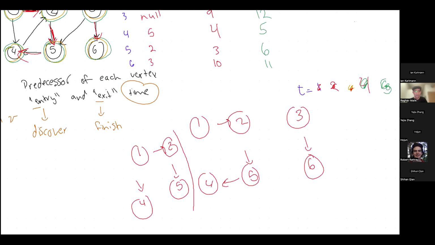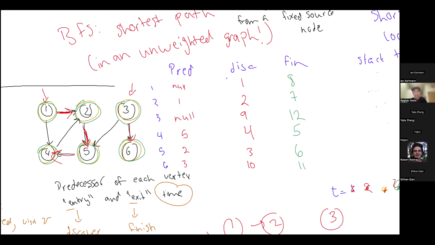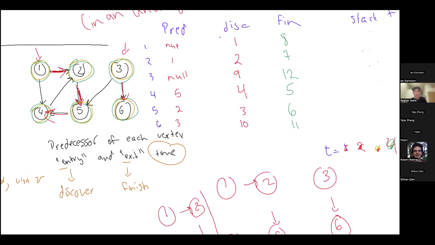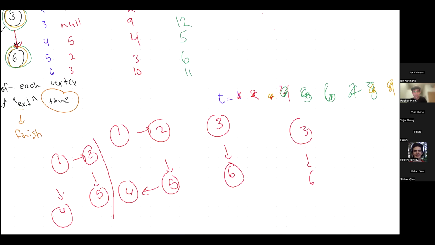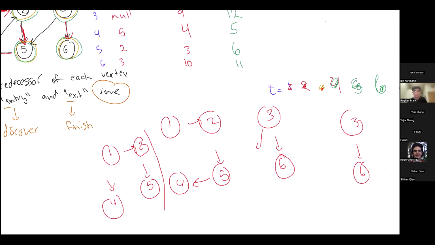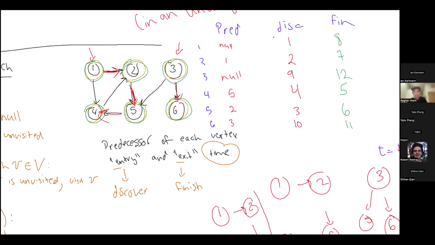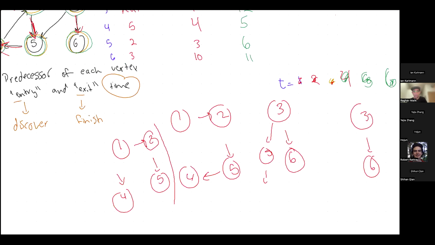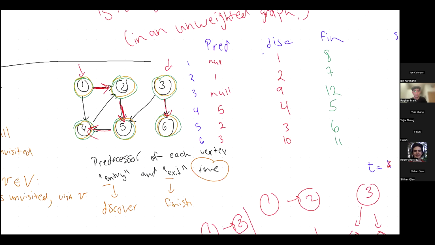I would never even get to vertices 3 and 6 because there's no way to reach them from 1. Or I could start at 3, in which case I'd get 3, 6, 5, 4, and 2. But I'd never hit 1 because there's no way to reach 1 from 3.